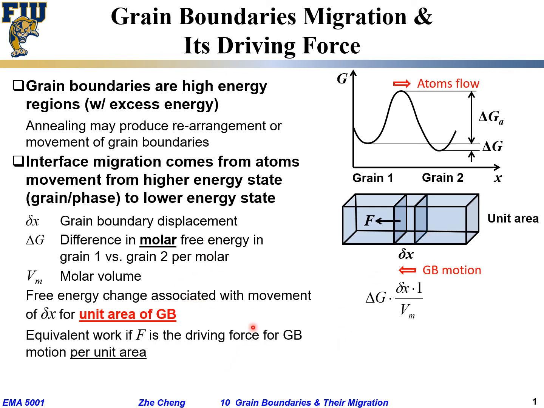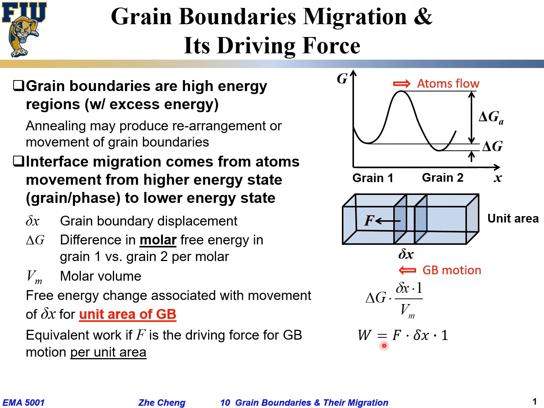But because it's the motion of the grain boundary, in this case atoms move, but what we observe is the grain boundary moving. If we think of F as the driving force for the grain boundary motion per unit area, then consider the work done in this process. For the grain boundary to move from the original location to the new location, F is my driving force per unit area.